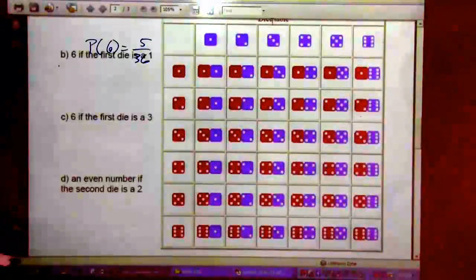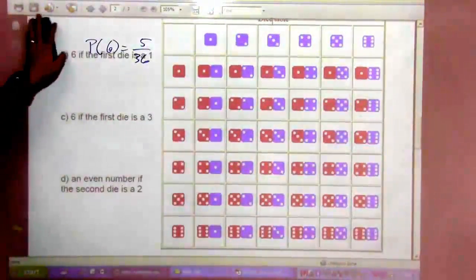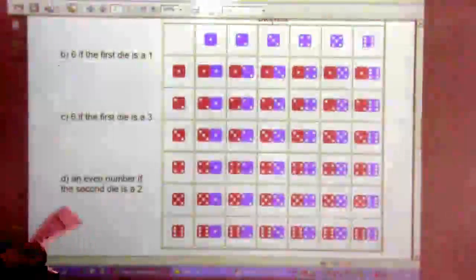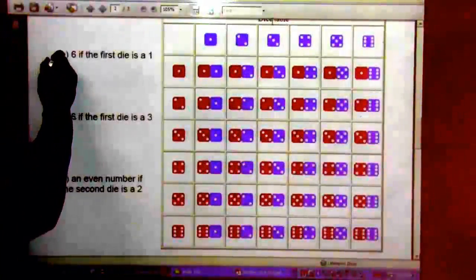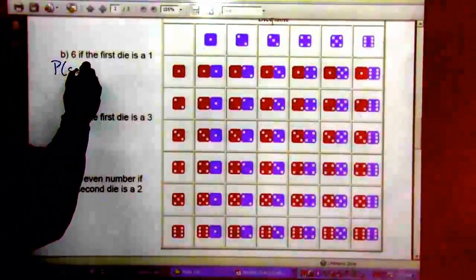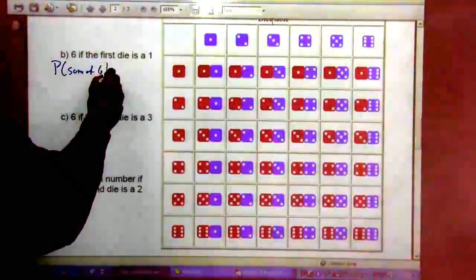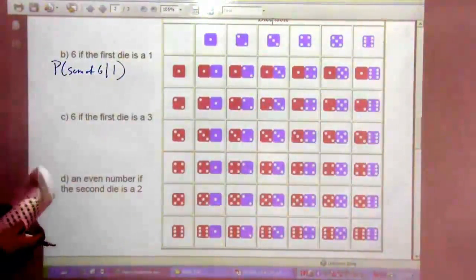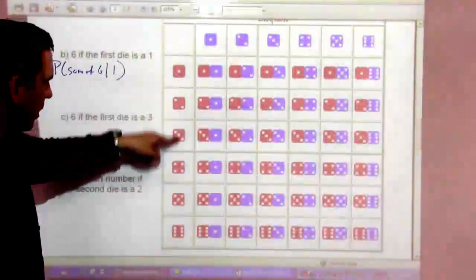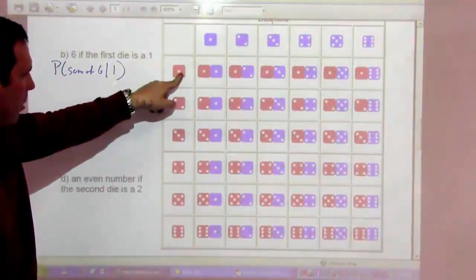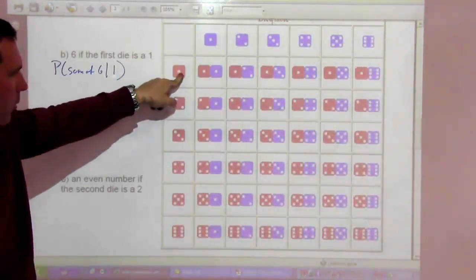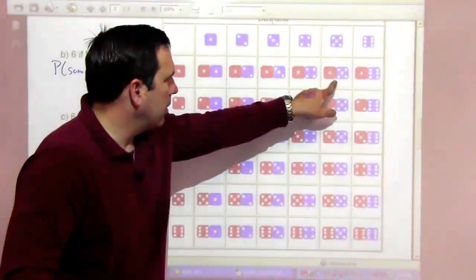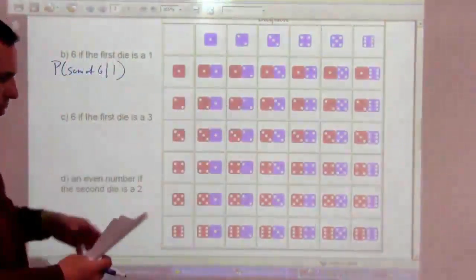B says, what's the probability of a 6 if the first number is a 1? Okay, so if we know the first number is a 1, what's the probability of getting a 6? Well, there's only one case that we get a 6 knowing the first number is a 1.